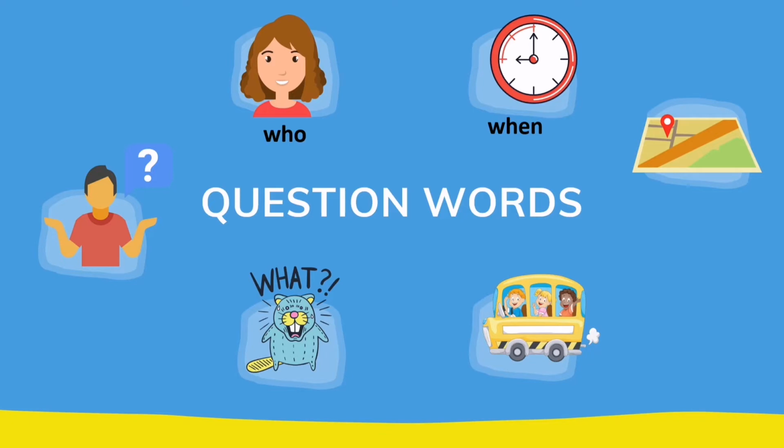That's why I put the clock there. Nampak tak ada clock kat situ? I put some dots there. Bila ada jam, means dia nak tanya time, masa.